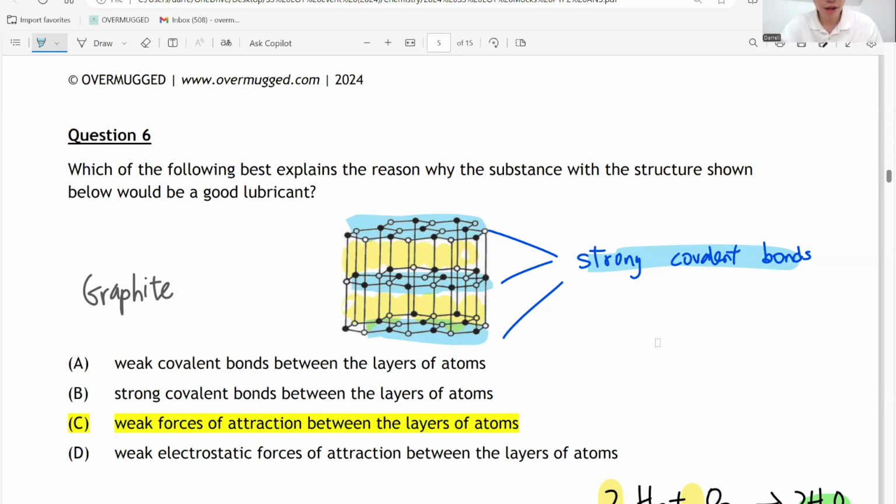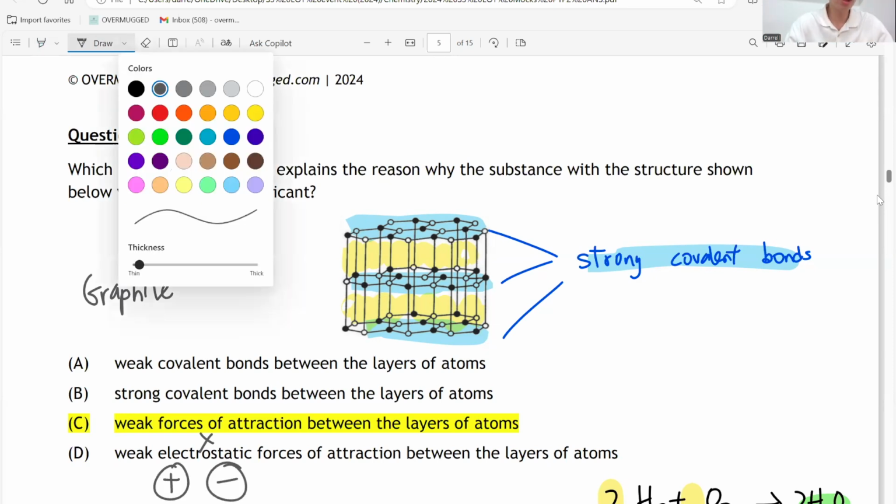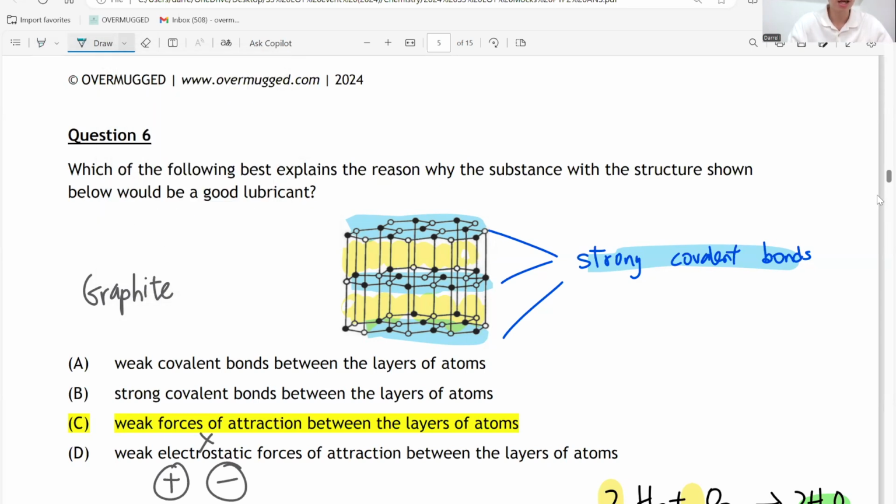Over here, when we say electrostatic, actually this is a good question. Why is D wrong? It's because electrostatic is strictly used for between a positive charge and a negative charge. So when do we use the term electrostatic? It's largely when you're referring to number 1, ionic compounds, because you have cation and anion.